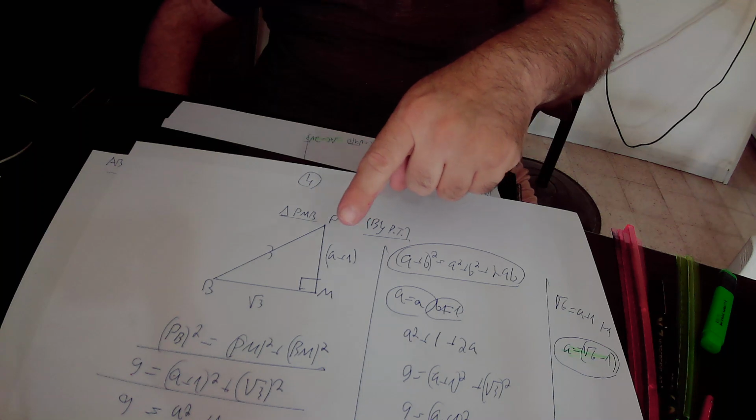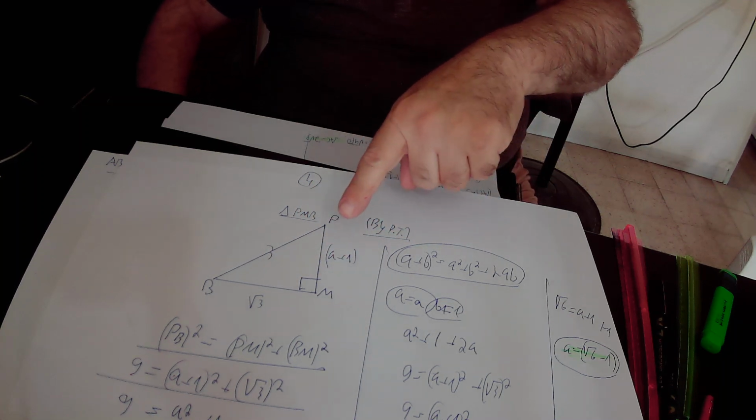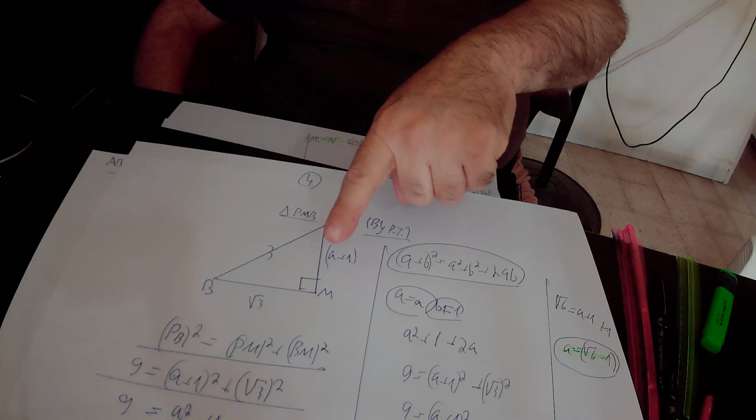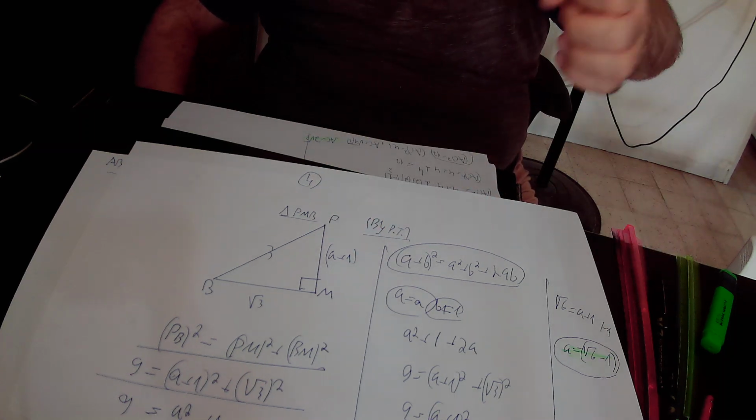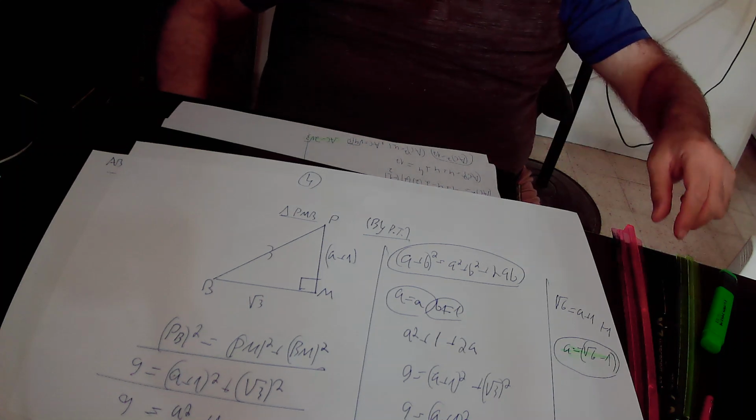PM equals A plus 1, therefore PM square equals A plus 1 square, plus BM square. BM equals the square root of 3, therefore BM square equals the square root of 3 square.